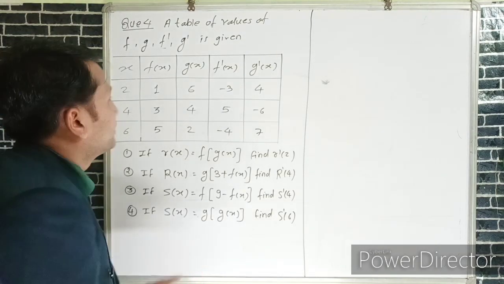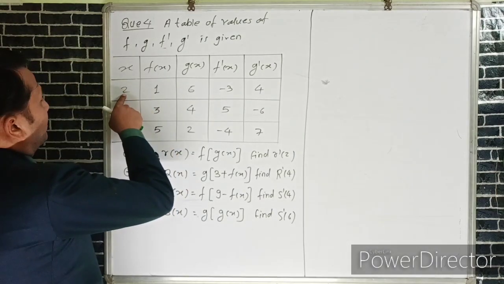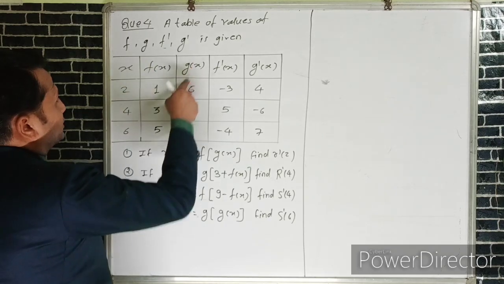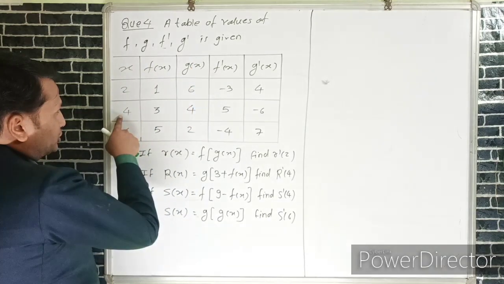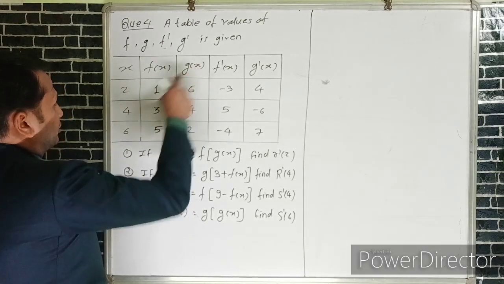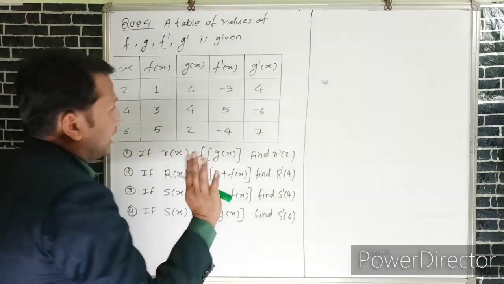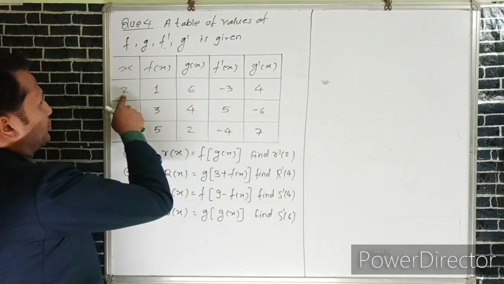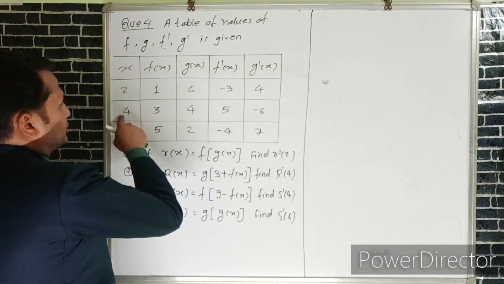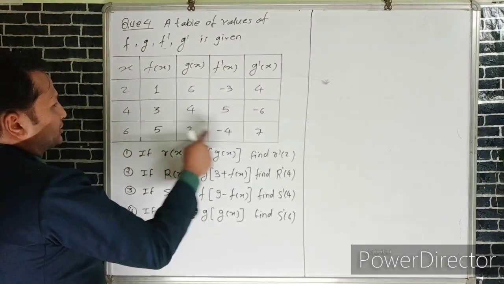Similarly, when we take the value of x as 2, then g of 2 is 6. When x is 4, then g of 4 is 4, and g of 6 is 2. After that, f dash of x: if x is 2, then f dash of 2 is minus 3, f dash of 4 is 5 and f dash of 6 is minus 4.